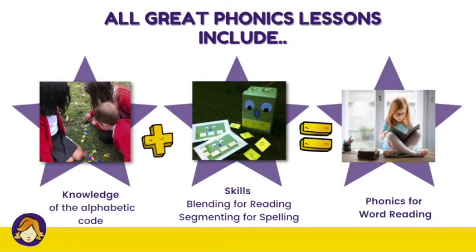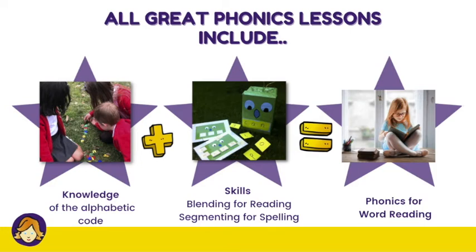So all great phonics lessons need to include those things. They need to include the knowledge of the alphabetic code. We introduce it bit by bit, just in the same way that I did in the go outside and put the bin out sentence. We strategically introduce the letter sound correspondences so children build them quickly to be able to read more and more words and sentences.